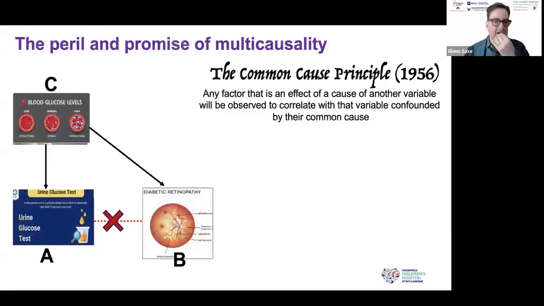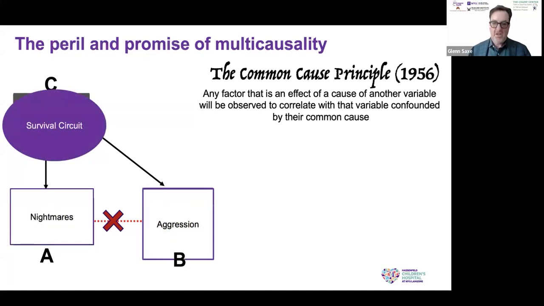We can also think about our story here: blood glucose is causal, but blood glucose causes urinary glucose, which is correlated. We also talked about the survival circuit, nightmares. It's not going to change aggression. That's confounded.